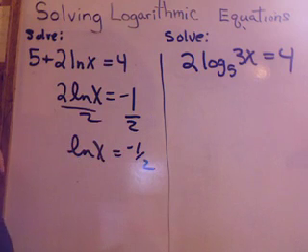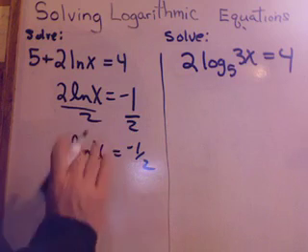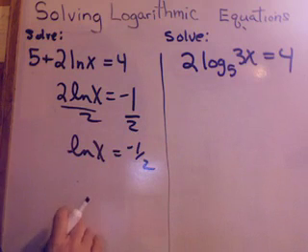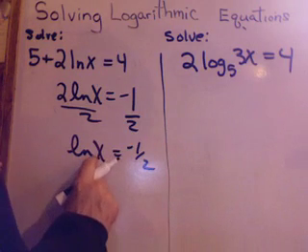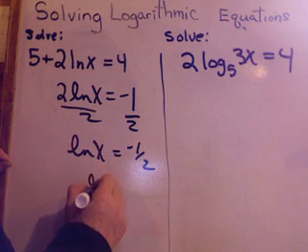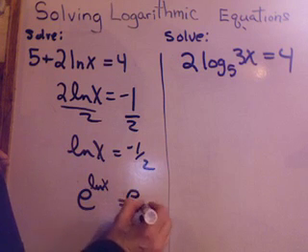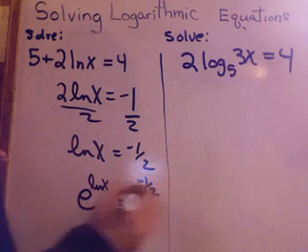At this point, I want to do what's called exponentiate, or write both sides to the same base. So, for this one here, for ln x, I write e to the ln x. On this side here, I do e to the negative 1/2.